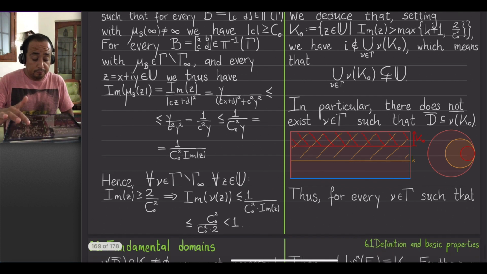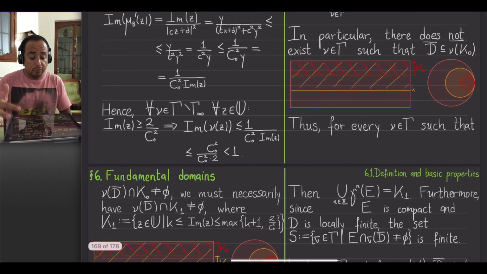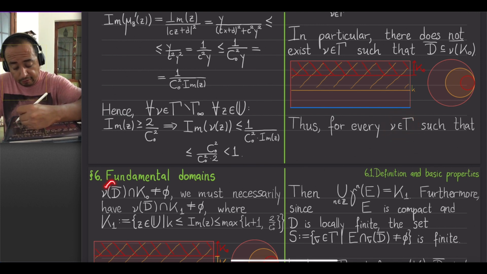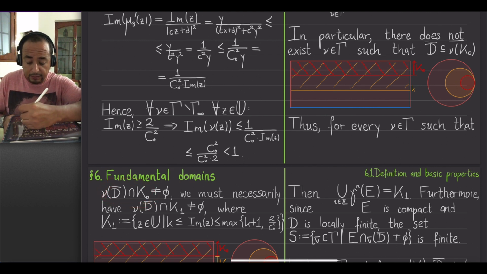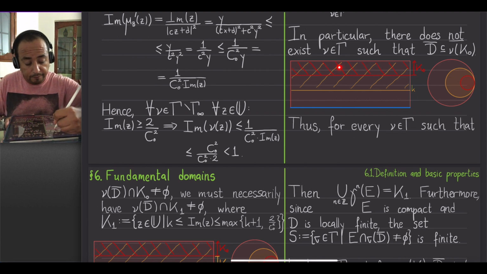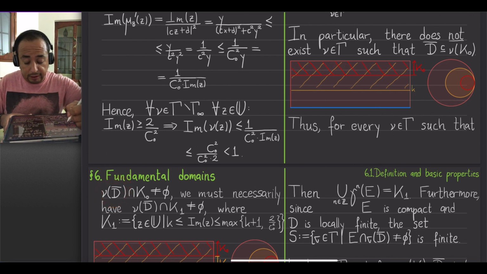Okay. So you see, this means the following. Suppose we have an element of gamma with the property that the corresponding translate meets k naught. So that we have a point in k naught. Well, we know then that the image has to contain some point outside k naught, right? Because of this, I mean, notice that this inclusion is equivalent to this inclusion.